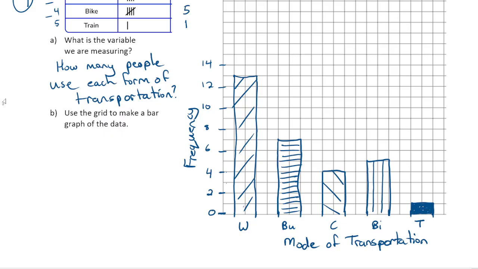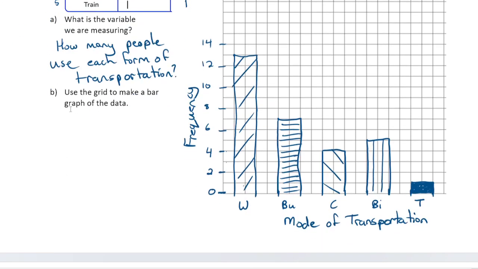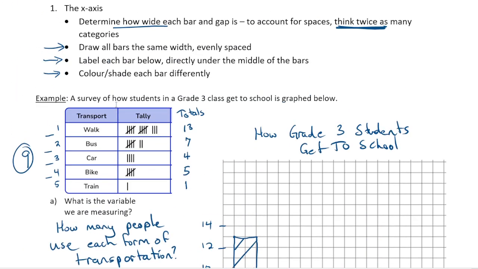Perfect. And that's how you make a bar graph. That's it. I guess we'd have our title up here: how grade 3 students get to school. That's it. Perfect 10 out of 10 graph, except with rulers. So that's it.